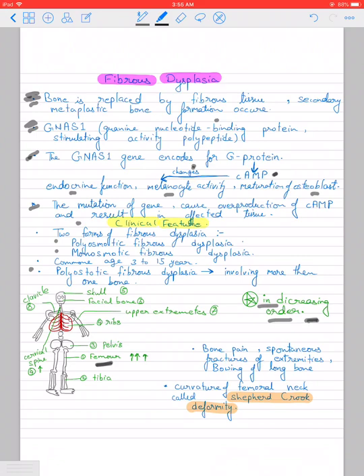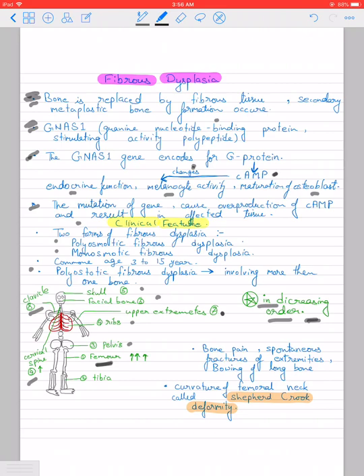So how can we remember this? We start from the lower portion of our body: femur, then tibia, then pelvis, then ribs, and then we go up to skull and facial bones, and then upper extremities. This is the sequence, and then clavicle and cervical spine.